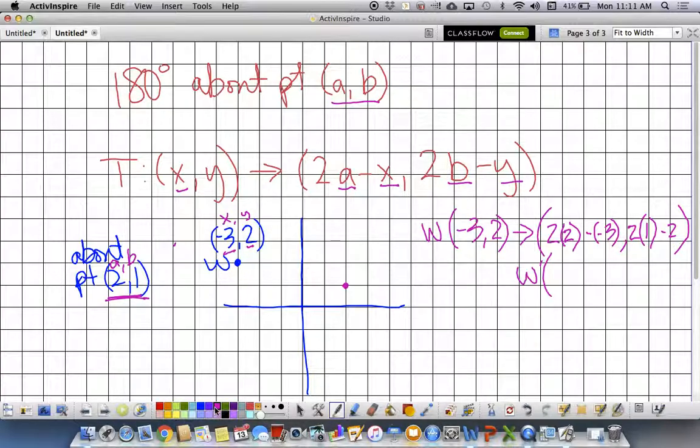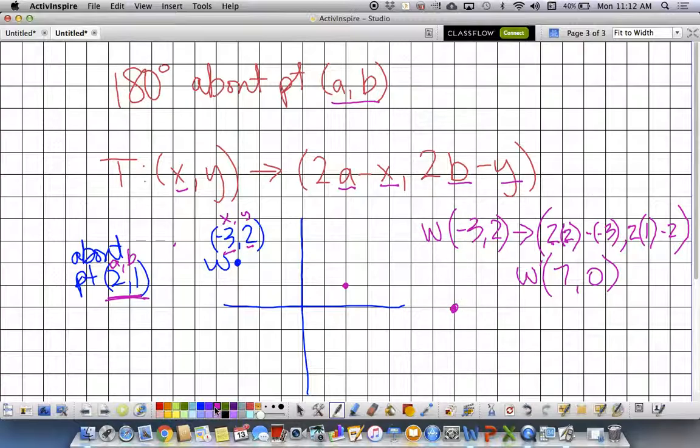Oh, Landon, because it's 2 times 2, 4, and then it's minus a negative, so it's positive -3. And then it's 2 minus 2, which is 0, so it's 7, 0. So you're going 3, 4, 5, 6, 7, 0.